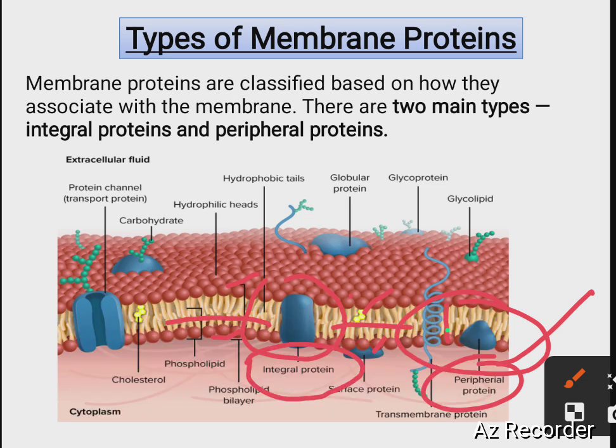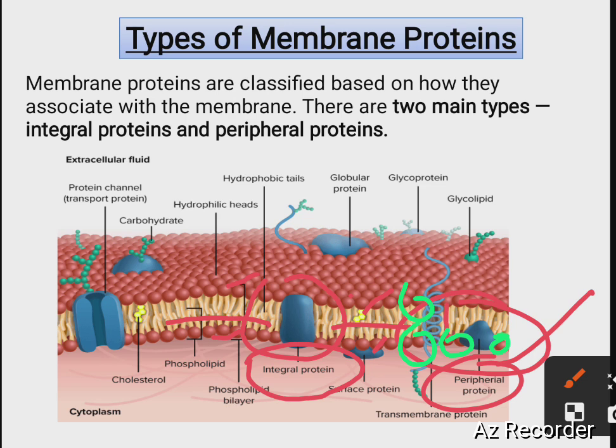This is what a lipid bilayer structure is, and this is what a head is. They can be easily removed without damaging the membrane.